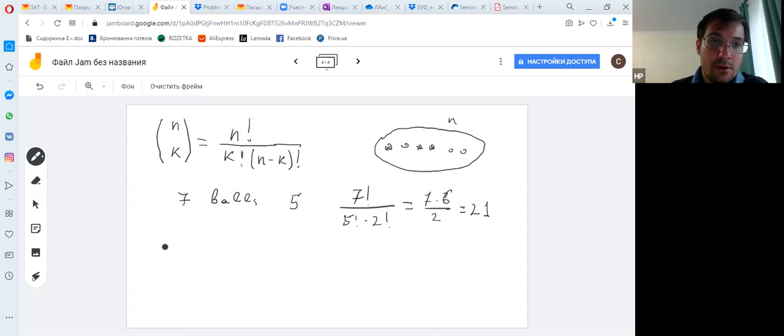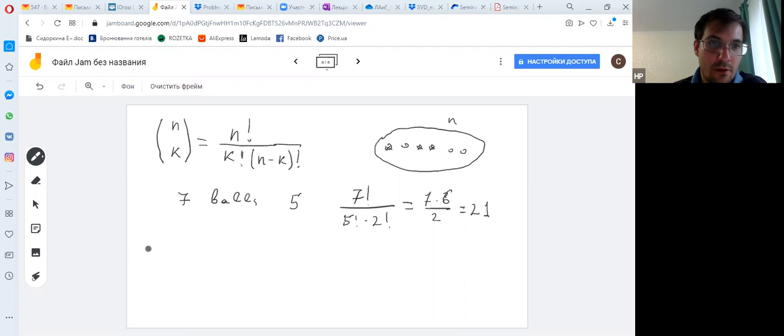And there is a formula, I don't know how it is correct in English. In Russian it's binom Newtona. In English, maybe Newton's binomial.